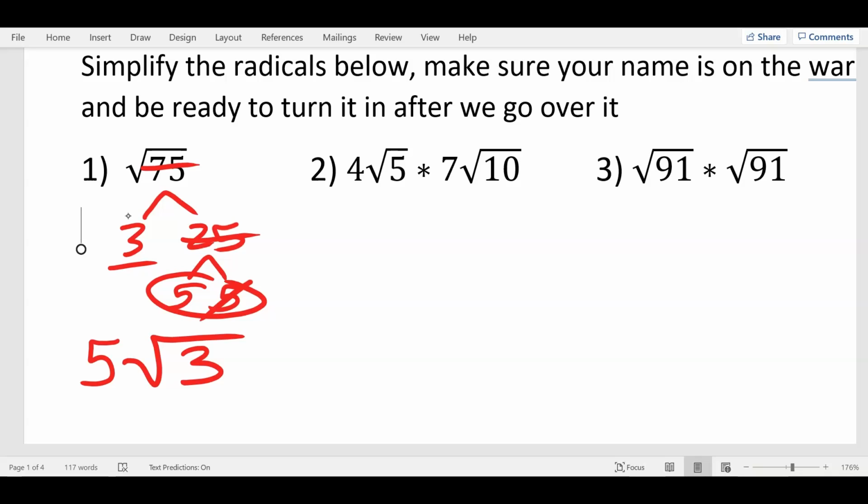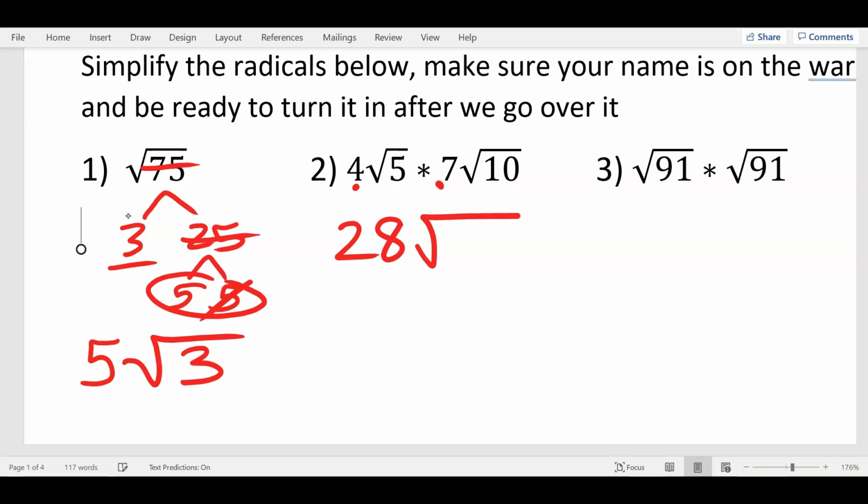Okay. Now, 2 days ago, since yesterday was off, we learned how to multiply. We said outside times outside goes on the outside. Inside times inside goes on the inside, right? So my outside coefficient numbers, 4 and 7, 4 times 7 gives me what? 28, okay?